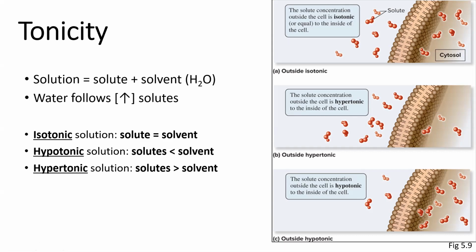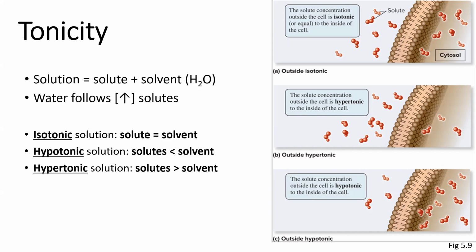So if you place a cell in a hypotonic solution, that means that you have more solutes inside of the cell as opposed to the concentration of solutes on the outside of the cell.